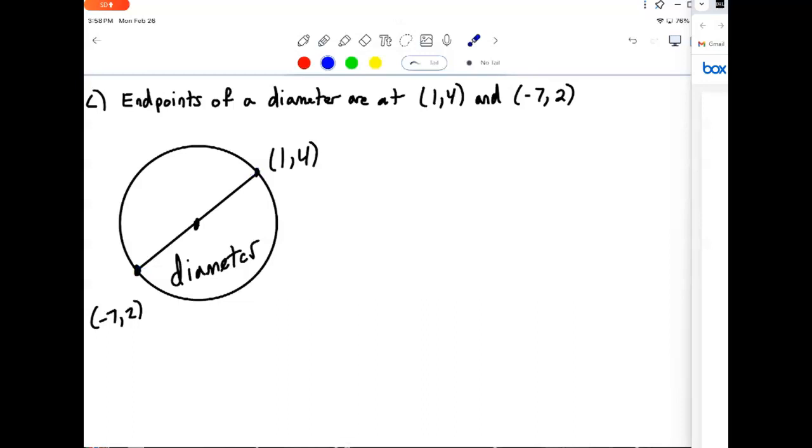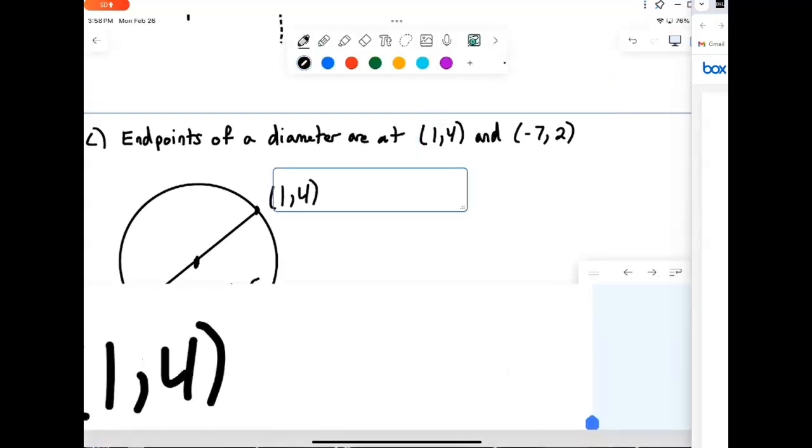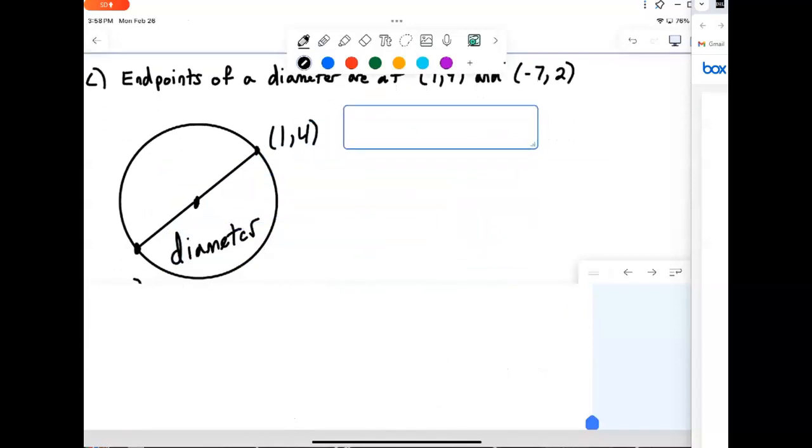Then what we realize is that the center is smack dab in the middle of these 2 points. In other words, the center of our circle is the midpoint of that diameter.